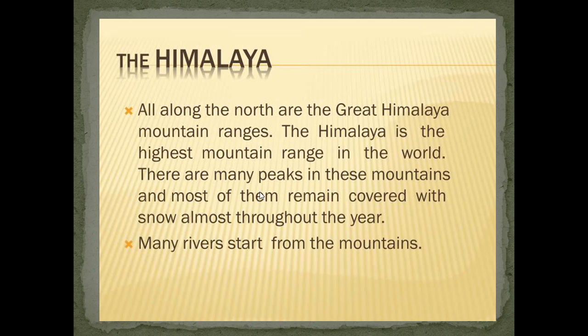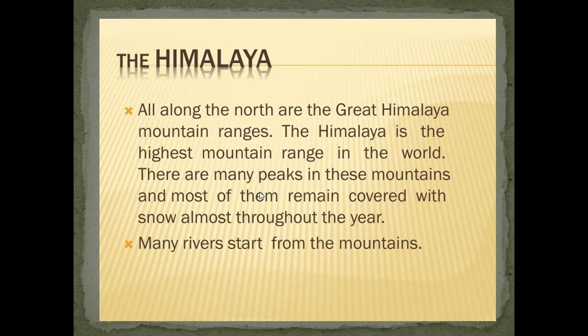Can you tell me which rivers start from the Himalaya mountains? Brahmaputra. Very good. Ganga, Indus, Brahmaputra. All these rivers start from the Himalayas. And who gives rise to these rivers? The Himalayan snow. When it melts, it gives rise to these rivers.